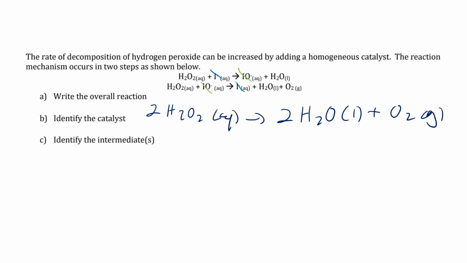So what does that mean? Our catalyst is then going to be that one. Our intermediate would be this one, because you can see that it is produced, but then it is used up again as a reactant, so it's no longer present.